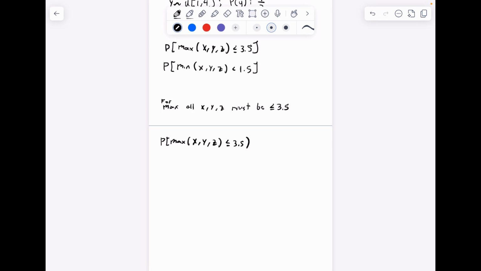Now, we can say that since all values must be less than 3.5, this is equal to the probability that X is less than 3.5 and Y less than 3.5 and Z less than or equal to 3.5.